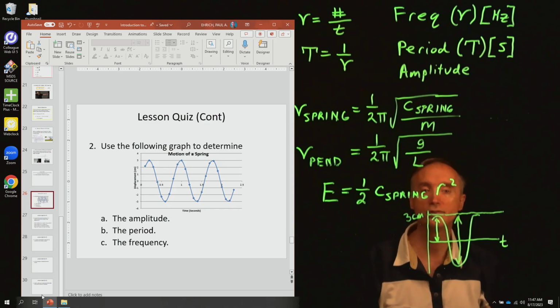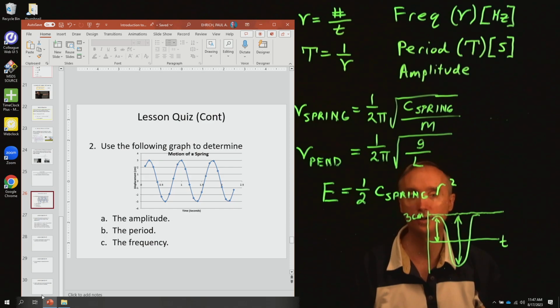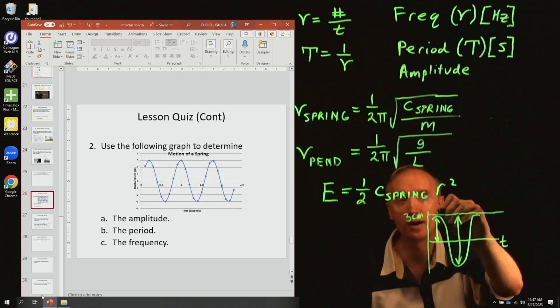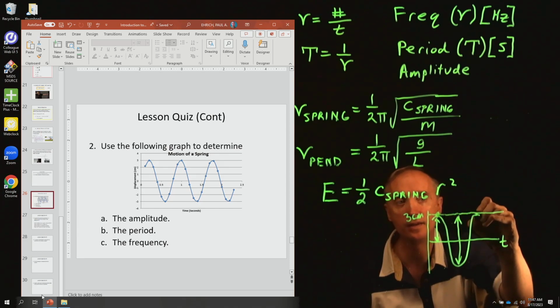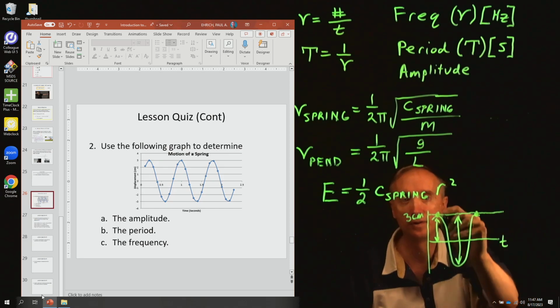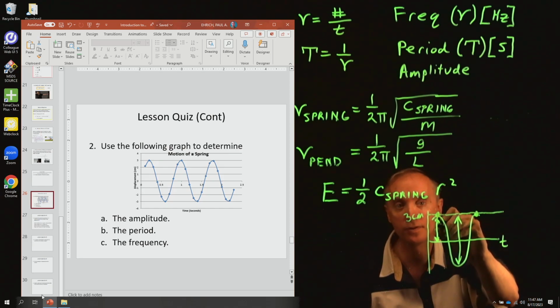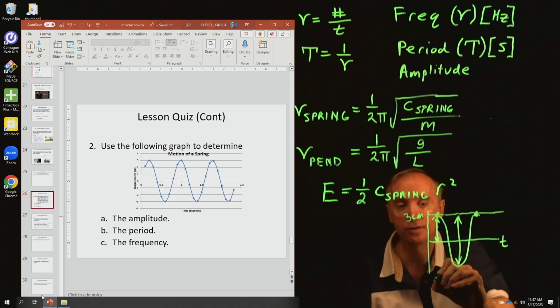All right, now what is the period? The period is the amount of time it takes to repeat itself. So if you look at the graph, let's start right here, and let's end right over here. If you drop this down to here, this turns out to be something like 0.2 seconds.